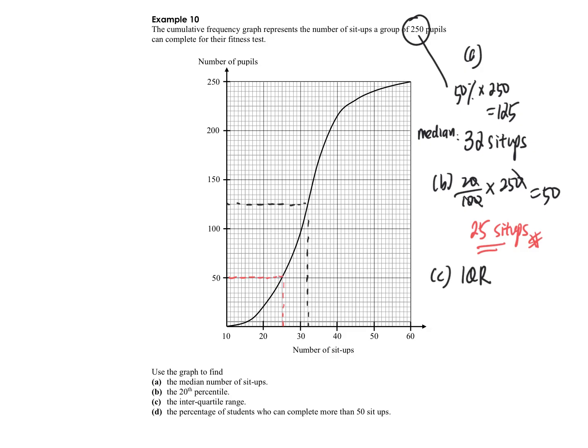Okay, IQR, you need to go and find your 25%. What is 25%? 62.5. Is it 62.5?